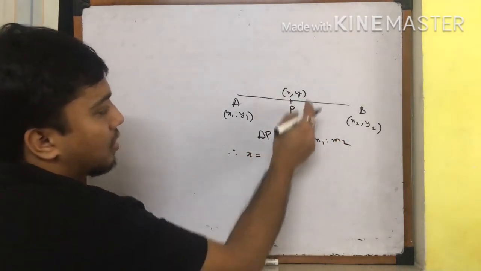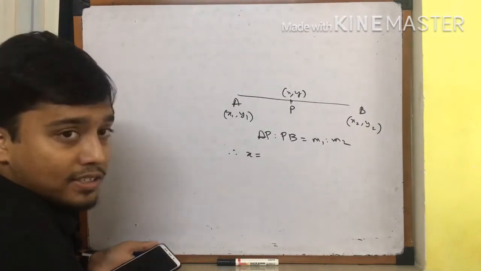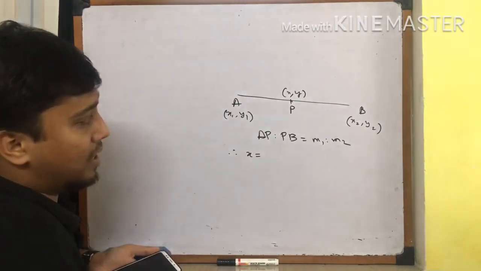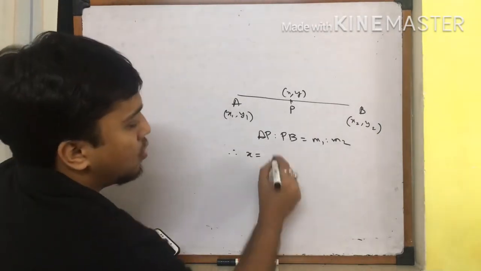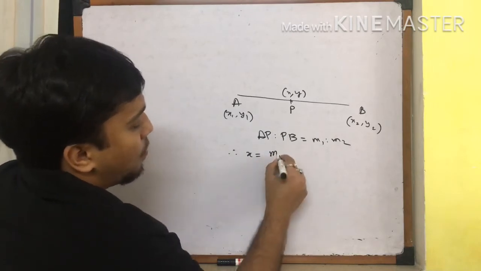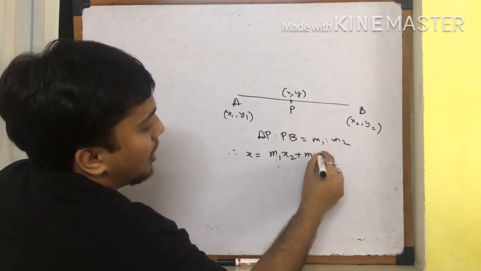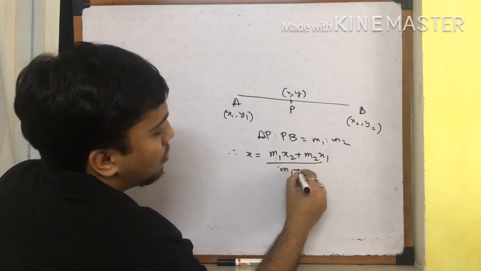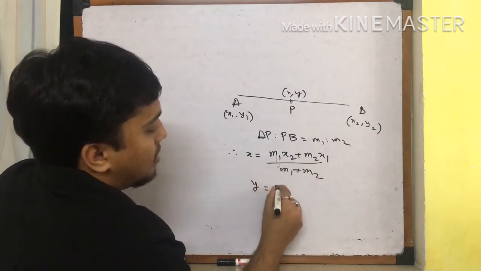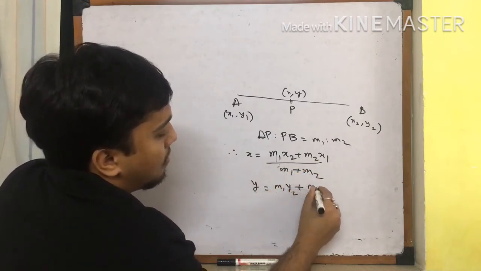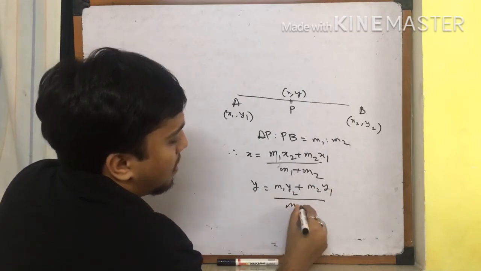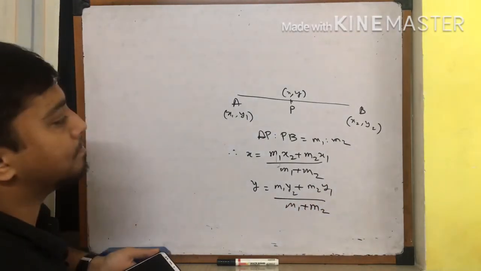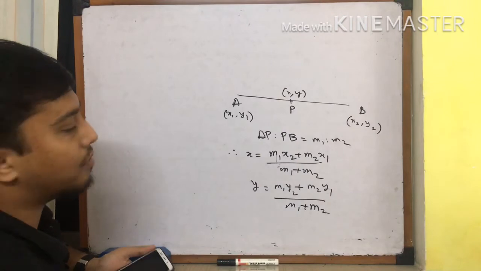Therefore x, the abscissa of P, is equal to m1 x2 plus m2 x1 by m1 plus m2, and y is equal to m1 y2 plus m2 y1 by m1 plus m2. These are the section formula.